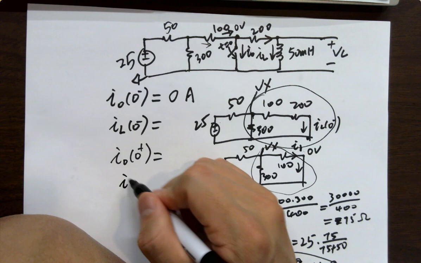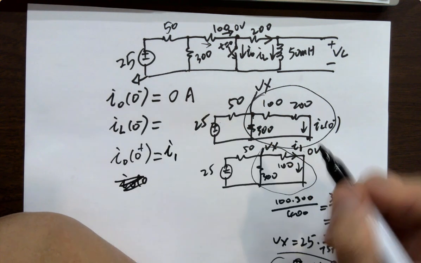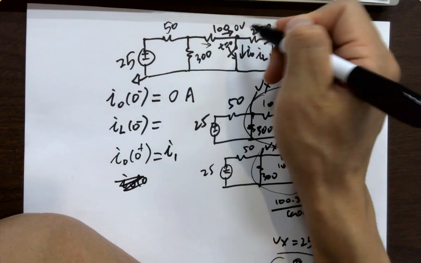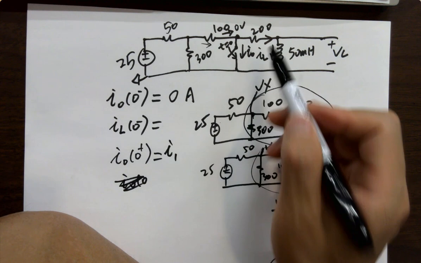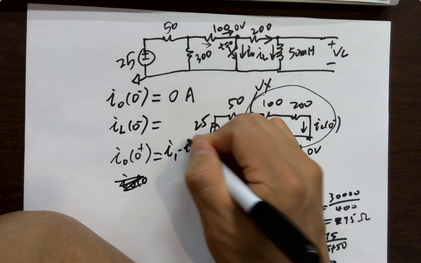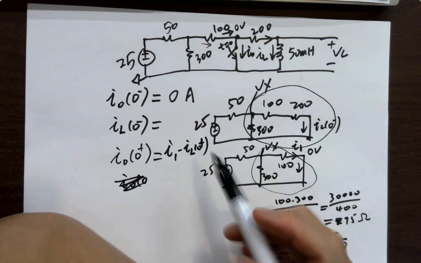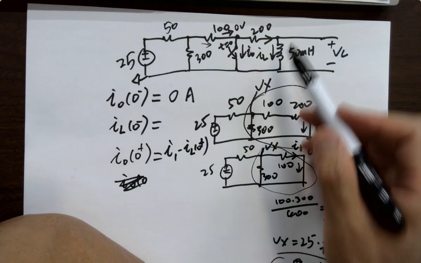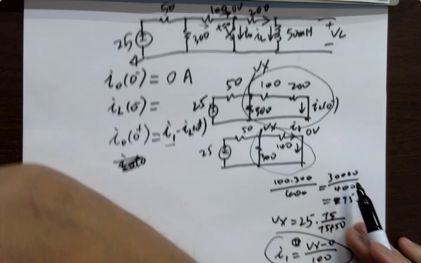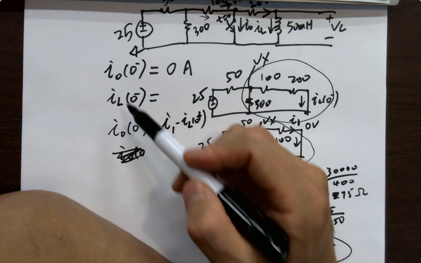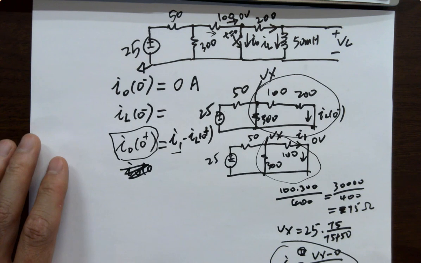Yeah, so I0 equals I1, if you label this as I1, minus what? Do you know IL0 plus? Yes, you did it. Do you know I1? Yes, you did it here. So this can be calculated. Be careful about this.